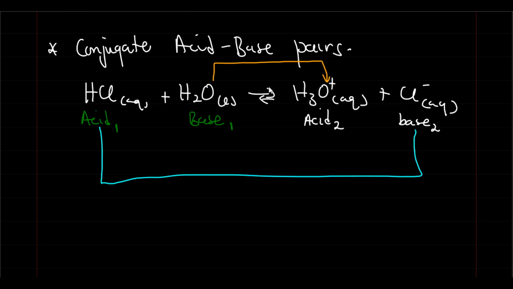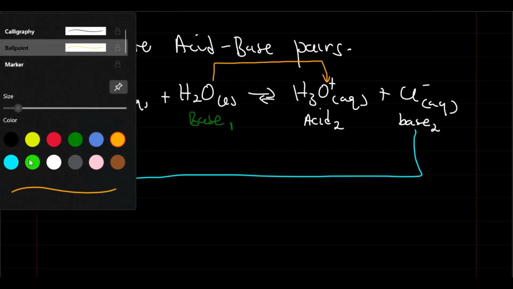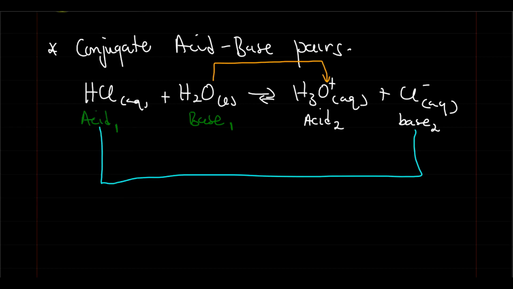The difference is that this O, H2O, has accepted the proton to form H3O plus. So this one and that one are pairs. And what kind of pairs? We say they are conjugate acid base pairs. Why acid base pairs? Because this acid and this base are pairs.